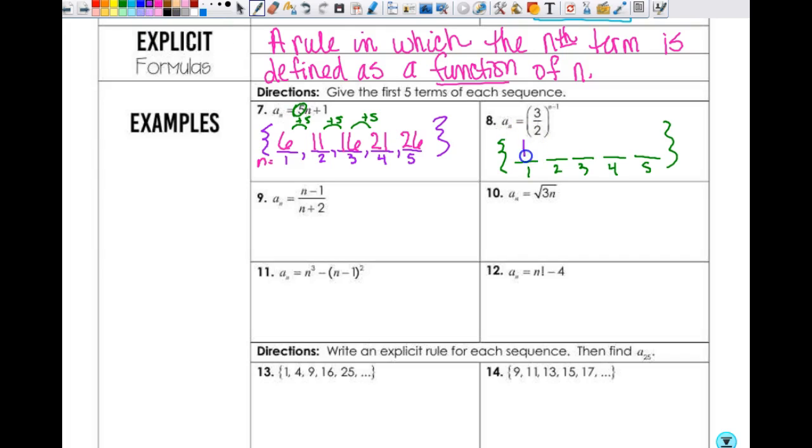Anything to the 0 power is 1. Then I substitute in 2. 2 minus 1 is 1. Anything to the first power is itself, so this is just 3/2. Then I substitute in 3. That's going to give me 3/2 squared, which is what? 9/4. You just square the top and square the bottom. Then when I substitute in 4, I'm going to get it to the 3rd power, which 3 to the 3rd power is what? 27 over 8.